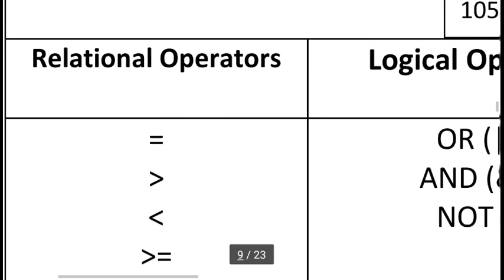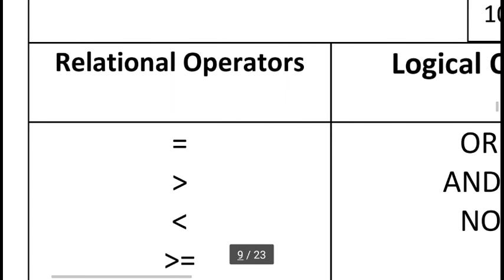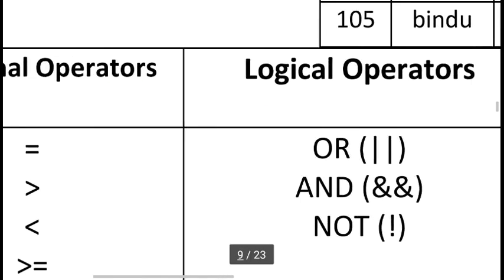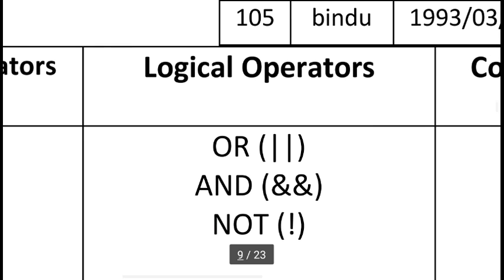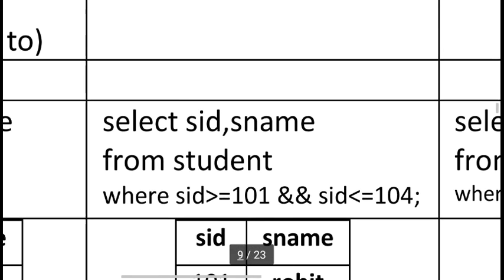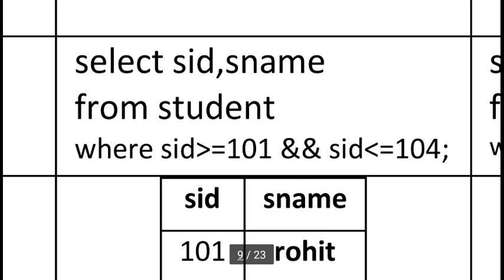Now we can also combine multiple relational conditions with the help of the logical operators AND, OR and NOT. Here I am taking one example. Suppose I want to see the data in a range: all the rows starting from 101 and stopping at 104.